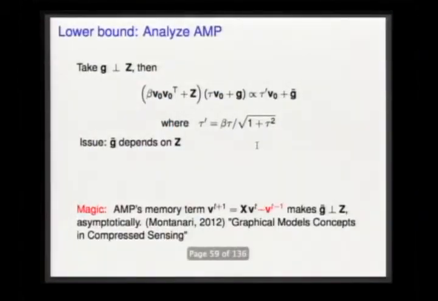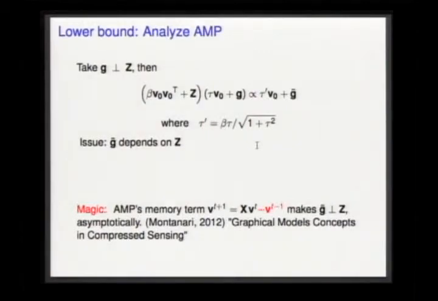And the reason why in AMP we added this memory term, the right intuition to see why it's behaving this way, comes from previous work of Andrea. You can read his book chapter, Graphical Models Concepts in Compressed Sensing, where he explained it in the case of least squares regression and in the case of the lasso, why this term is going to give you independence asymptotically when n gets large.